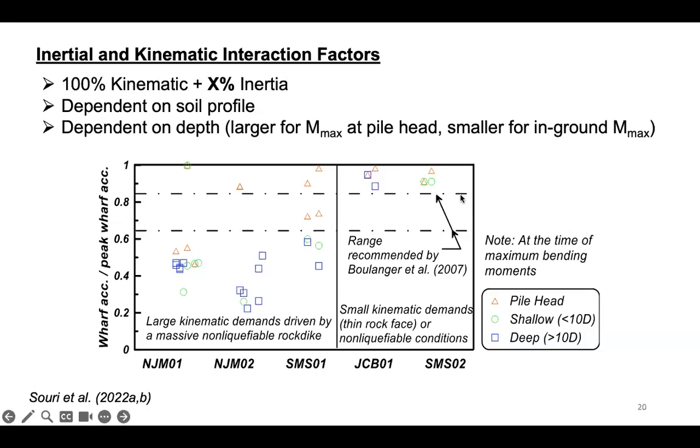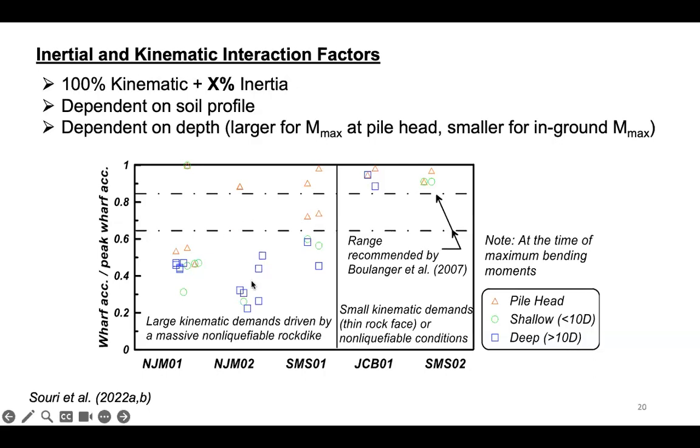Also note the 2 dashed lines show the range that is recommended by Boulanger et al. 2007 or the 2011 PEER report, which ranges between 0.65 and 0.85.